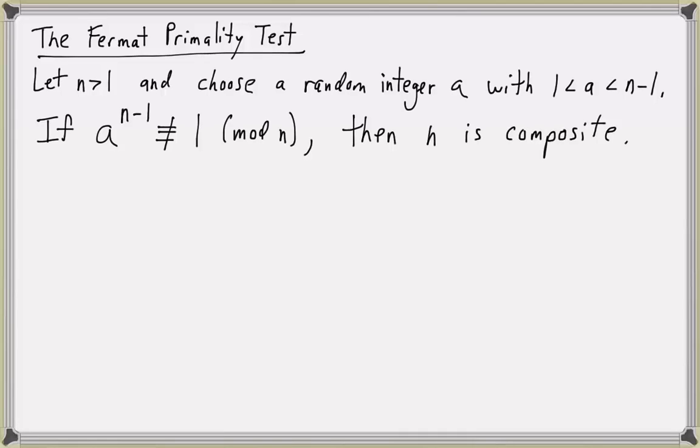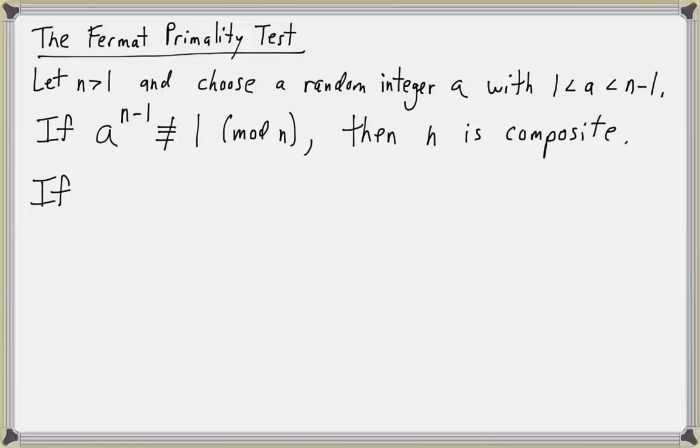In this case, Fermat's little theorem states that if n was prime, then a to the n minus 1 would have to be congruent to 1 mod n. Since a to the n minus 1 is not congruent to 1, n must be composite.